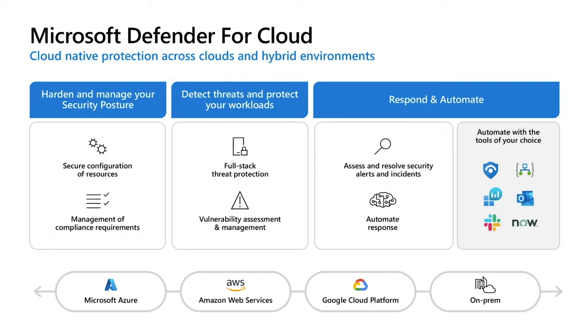It's a tool set that is everything from antivirus to vulnerability assessment in the cloud to get an overview of the security posture of all your cloud resources, be that servers, be that PaaS instances and whatnot. And it's a tool set that works on Azure, on-premises, and also other public clouds.